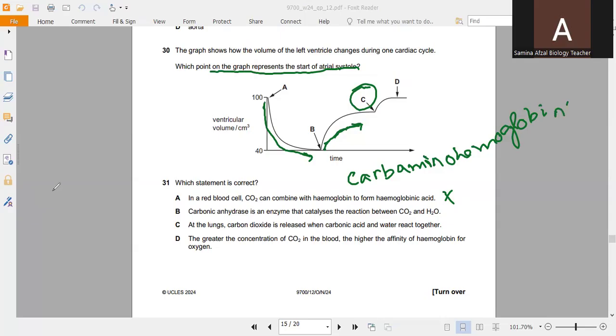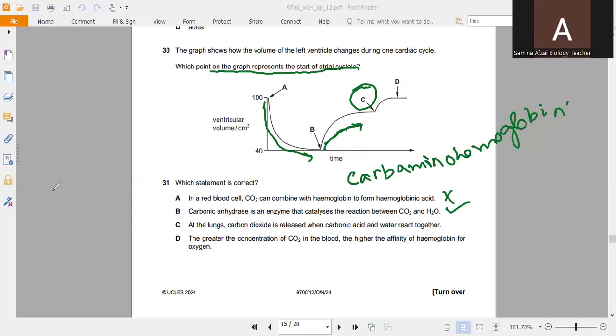Carbonic anhydrase is an enzyme that catalyzes the reaction between carbon dioxide and water. Yes, this is correct. Carbonic anhydrase is that enzyme which catalyzes the reaction between carbon dioxide and water.